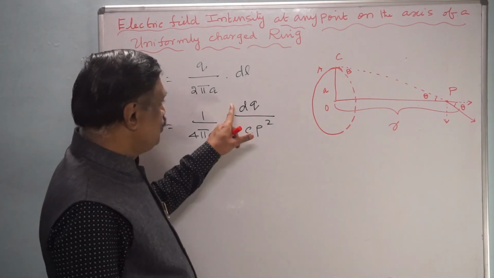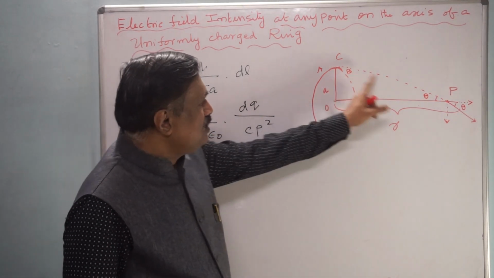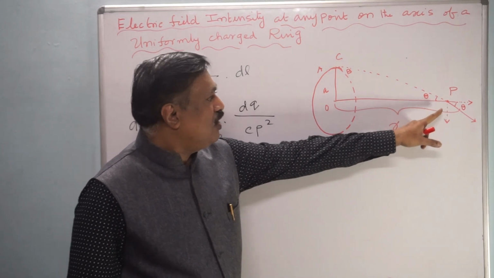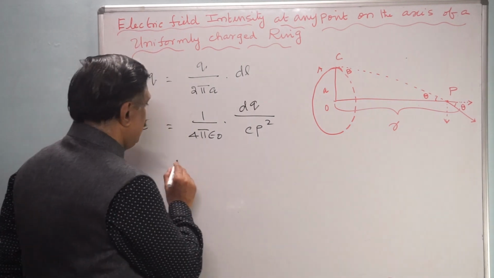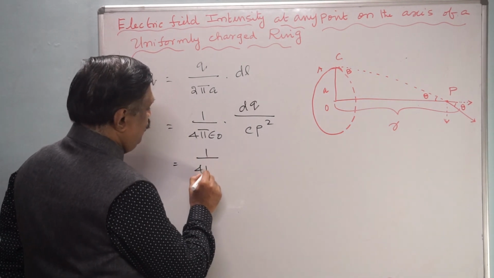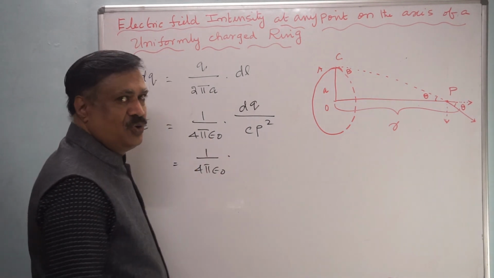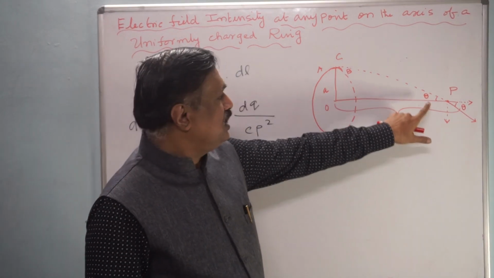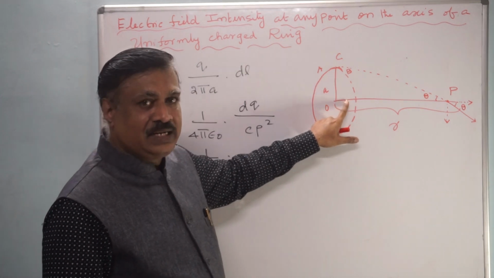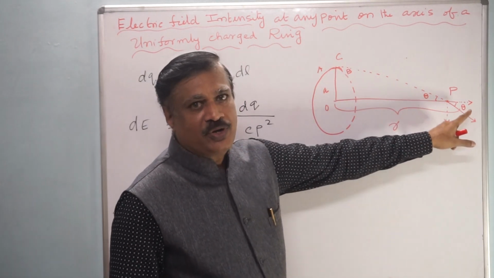Let us substitute for this dq. CP squared is the distance of this point from our element, so we go for 1 by 4 pi epsilon 0. This CP square, this is a right angle triangle. This is theta, this is the 90 degree and this is the hypotenuse.